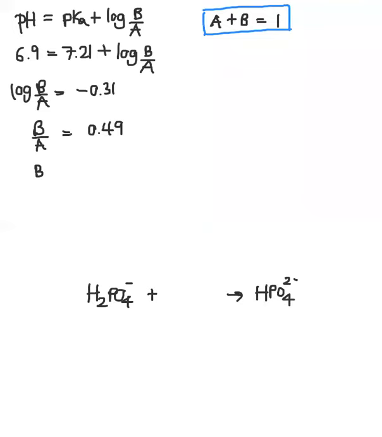So if you want to solve for B, you have to change the A parameter in terms of B. So A will be equal to 1 minus B, from the equation that we talked about right here.